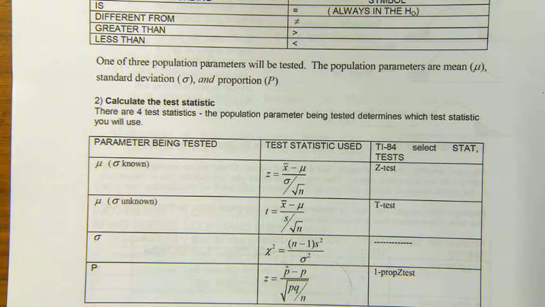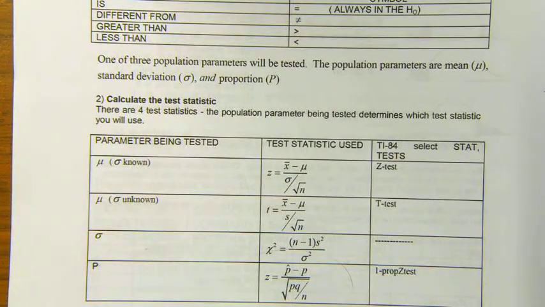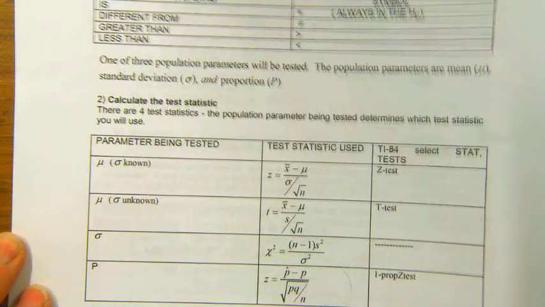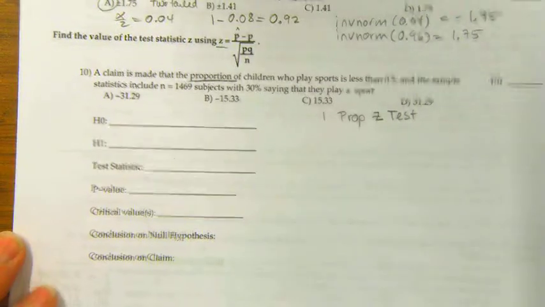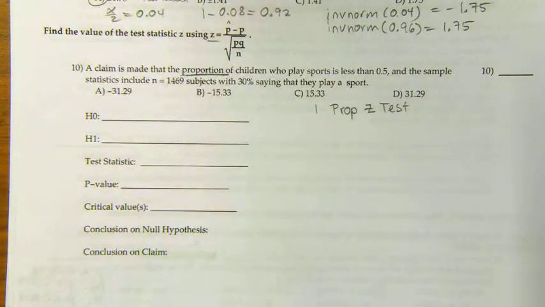That takes your sample data and standardizes it to a z-score. Then you look at whether that is an unusual value or not. We're going to look at two different methods, but to make it easy, and I really want you to use the one proportion z-test, we are just going to go straight to the calculator.